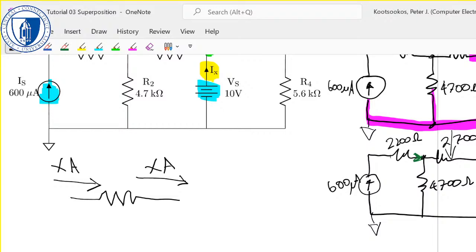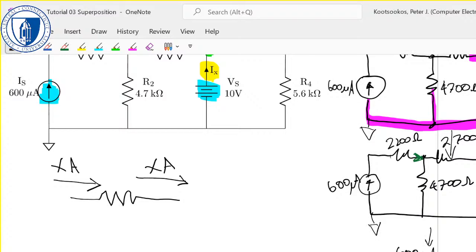Okay, so now we've got 600 microamps flowing into, so I can actually redraw this. What was that? That was R2, I think. Yeah, IR2.